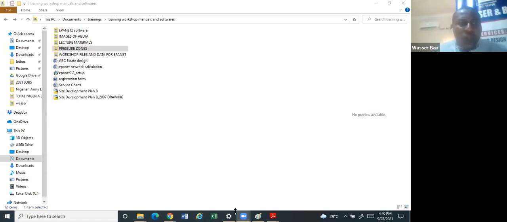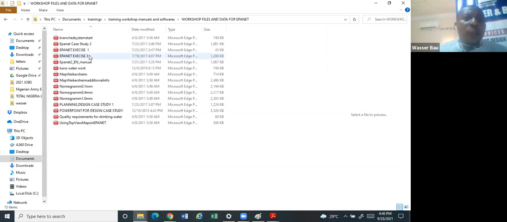Then the next thing you have is what I call the workshop files and data. If you open this, you have about 12 items there. Part of what Sunday and I have been doing is trying to downscale this knowledge. What we've done is gather every possible material you can lay your hands on that can help you in doing a proper water system reticulation.